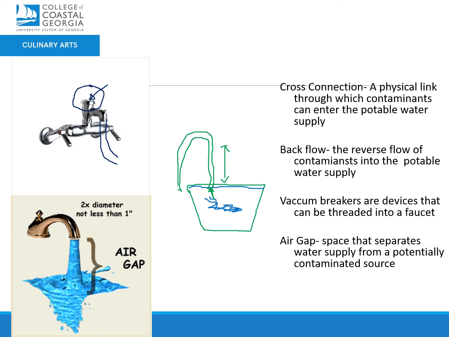So this is an air gap. Here's the illustration of an air gap over on the side. That air gap prevents water from being sucked up into a faucet. And forgive my terrible drawing skills. It's really hard to do this with a mouse in PowerPoint.